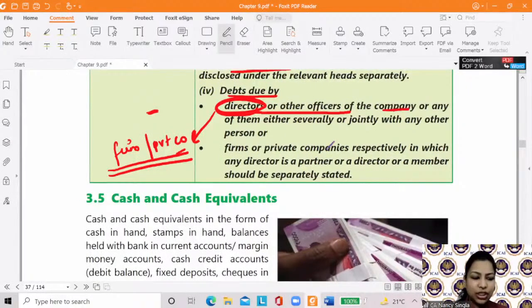Because there has been a change, or there is a revision in BOS publication also. You can also look at that, and students have also uploaded a PDF of revision of BOS publication in your assignment part. So you can download from there, and further you will also be getting the question with respect to that amended part in your RTPs. Okay? So I expect that now there is no doubt.